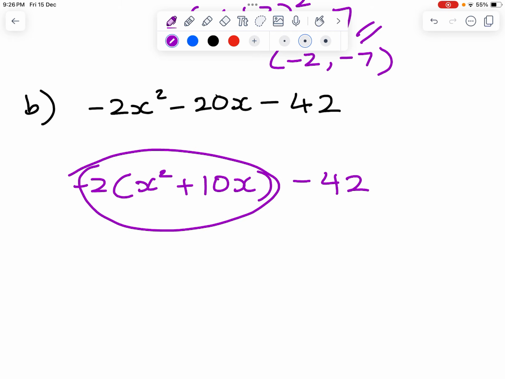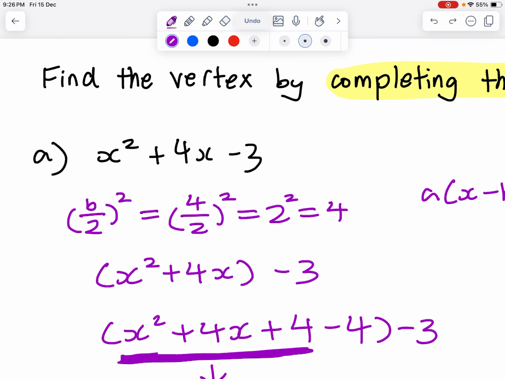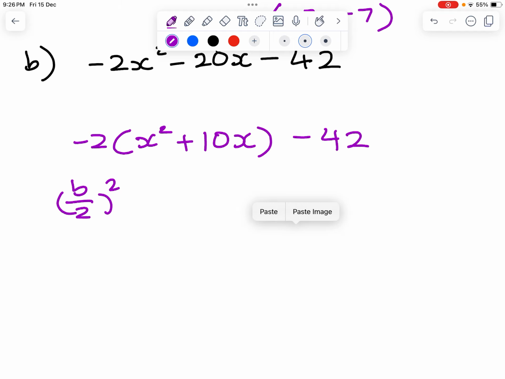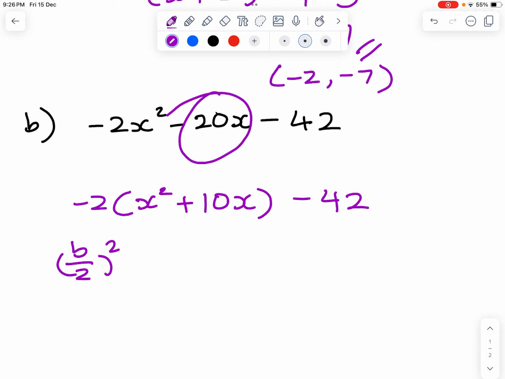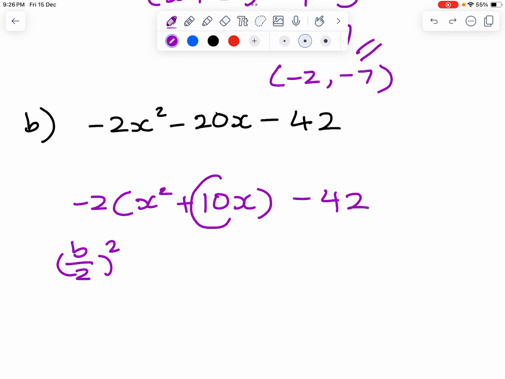Here we have our form, and remember the formula you need to memorize, b over 2 squared. Here we don't want to take the b from the original; we want to take the b from the factored version.